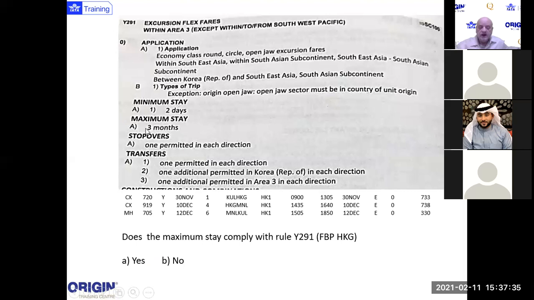Maximum stay. What is the maximum stay? 3 months. Now, if I go on the 30th of November, what is the maximum stay date? 28 February. Okay, November, December, January, February.